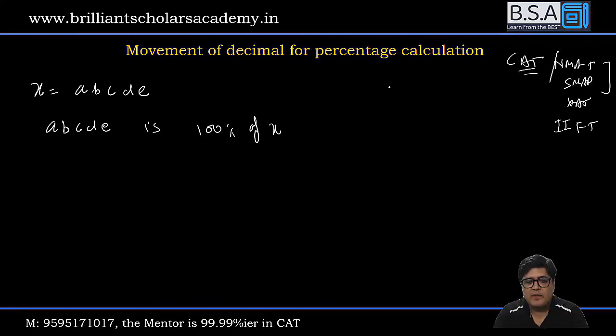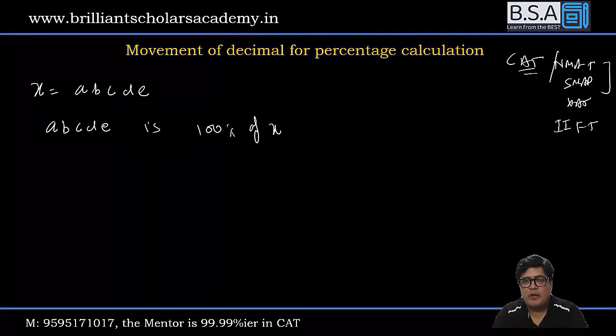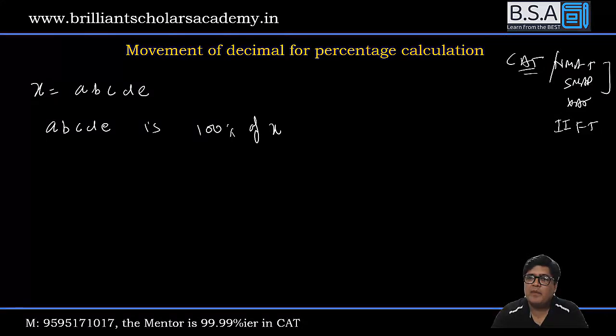Is this correct? If I give you a number 20, is 20 100% of 20? A number 500, is 500 100% of itself? Yes or no? Simply yes or no.